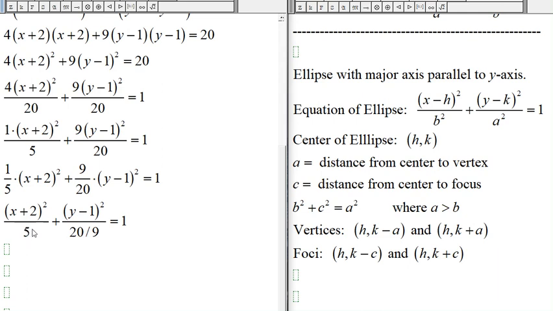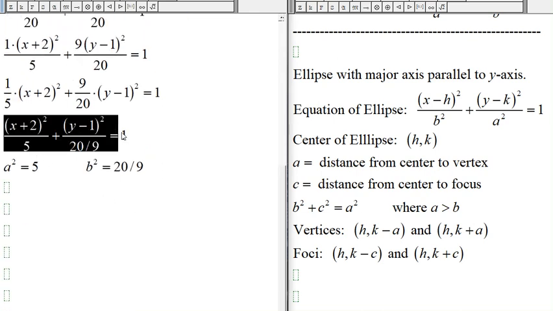And so 5 is larger than 20 over 9. So that tells us that a squared is equal to 5, and b squared is equal to 20 over 9.